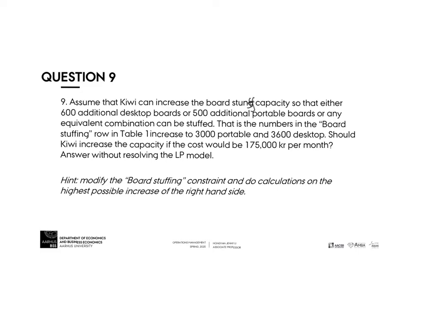The original constraint for board staffing is xd plus 1.2 xp less than or equal to 3000. With the information given here, you can add extra capacity of either 600 additional desktops or 500 additional portable boards.